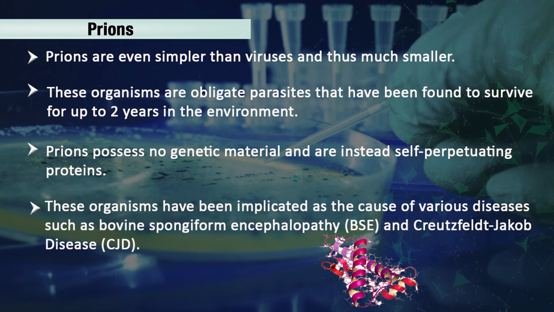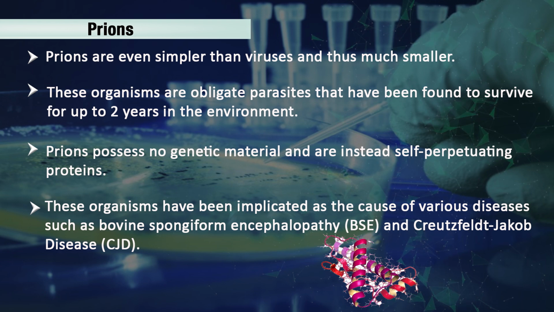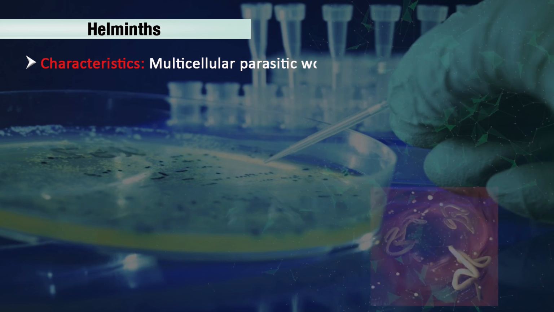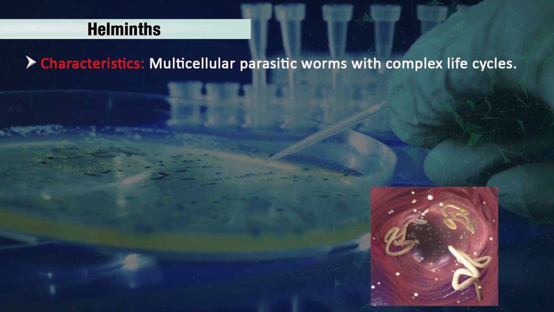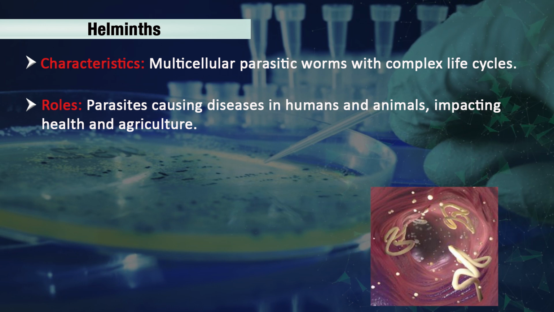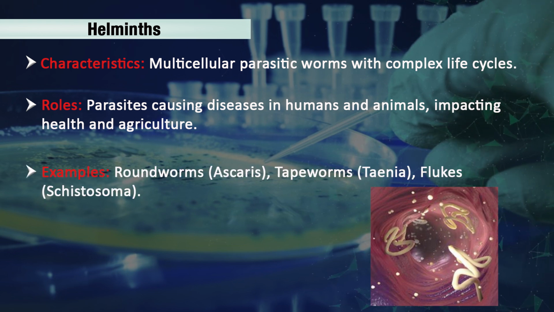These organisms have been implicated as the cause of various diseases such as bovine spongiform encephalopathy and Creutzfeldt-Jakob disease. Next is helminths. They are basically multicellular parasitic worms with complex life cycles, which are responsible for causing disease in humans, animals, impacting health and agriculture. Examples of various helminths include roundworms, tapeworms, flukes and many more.